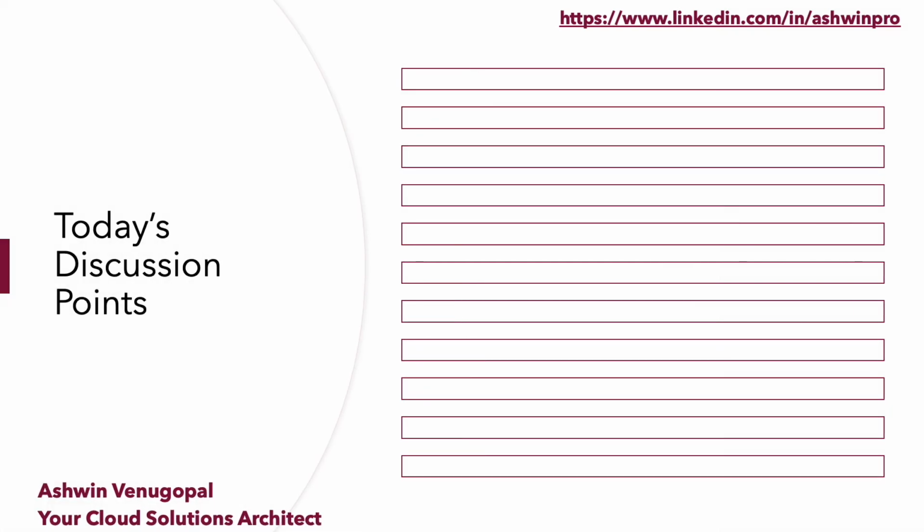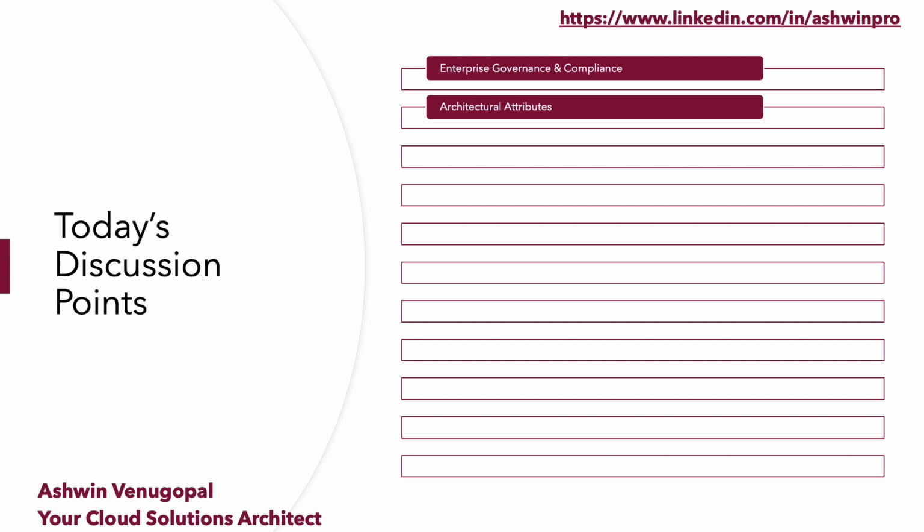Now, in this slide, we are going to be talking about the things that we're going to discuss today. This is to ensure that the users give the right amount of attention to the whole engagement. So the first thing is we talk about the enterprise governance and compliance. Then we talk about the attributes that we looked into for this architecture.